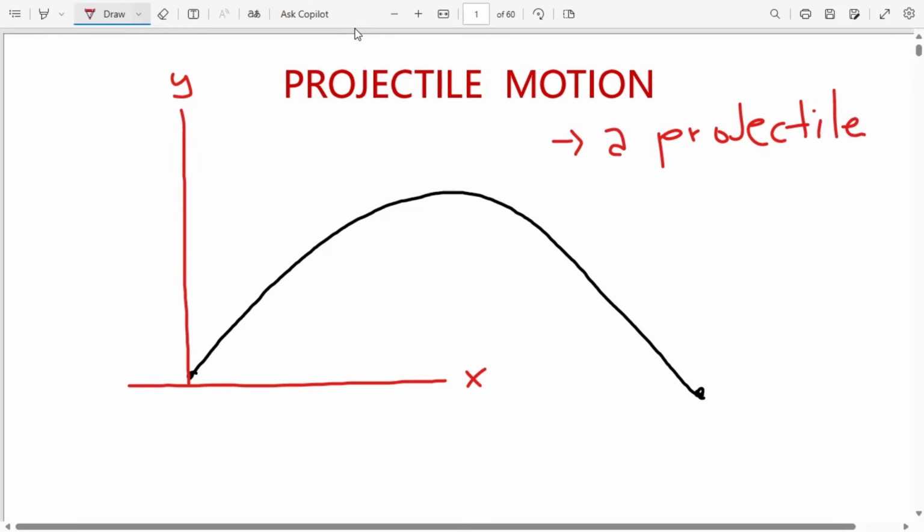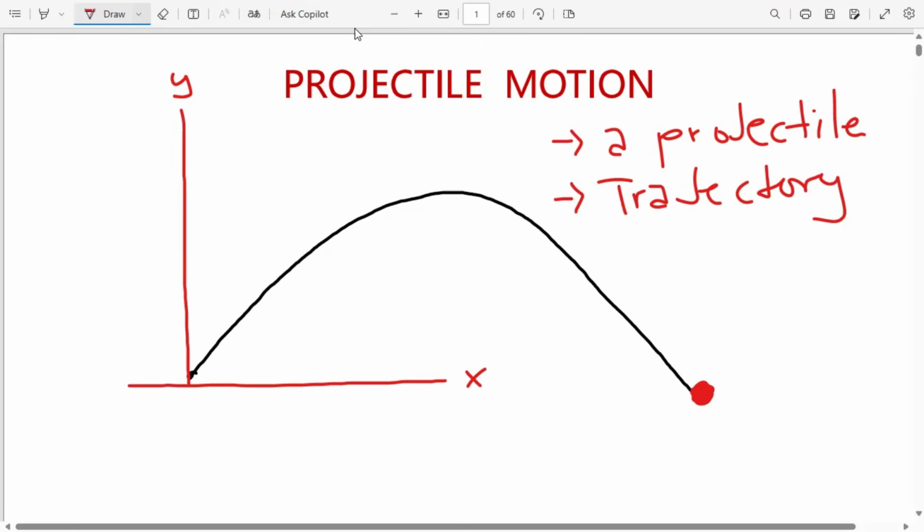And this black path that I've drawn here, the path that this object is going to follow, is what we call a trajectory. We can call a projectile the actual substance that has been thrown. Let me represent it here with this red dot.